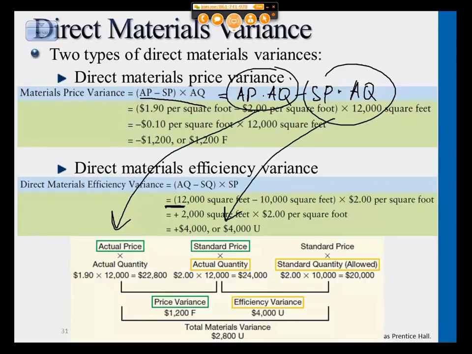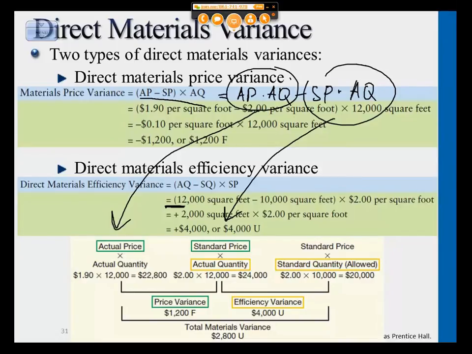They're lower. So that's why I'm going to put an F next to it. If you do not remember, was it Q, was it F, was it A, too many letters, just remember this. It's easier for you to calculate this way. And the same goes for your efficiency variance. It's your standard price, standard quantity, and it's the difference between your standard price, actual quantity, and standard price, standard quantity.